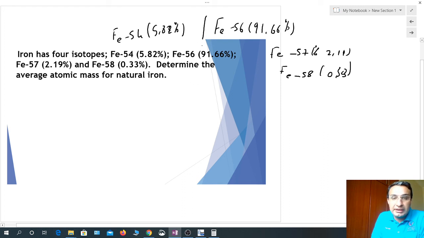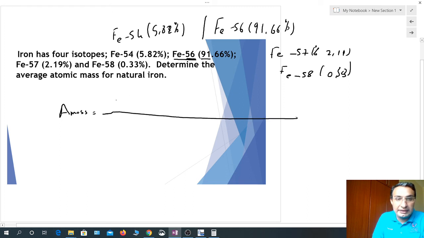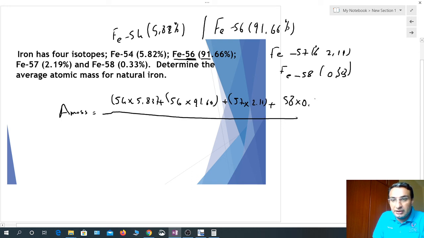So which one is going to be written on the periodic table? Of course, none of them. We are going to take the relative atomic mass. The relative atomic mass will be nearer to 56, because you can see that mostly 91% of the particles have 56 atomic mass. We calculate it as I showed you: the mass of the first, 54, multiplied by its abundance, plus the mass of the second, 56, multiplied by 91.66, plus the third isotope, 57, multiplied by 2.19, plus the last isotope, 58, multiplied by 0.33, divided by 100.